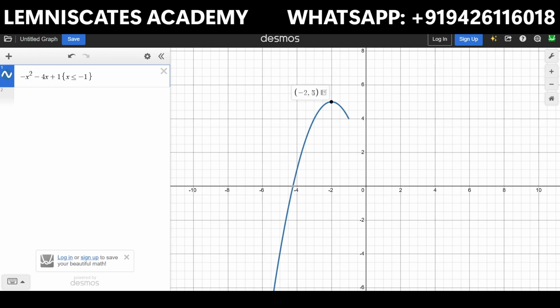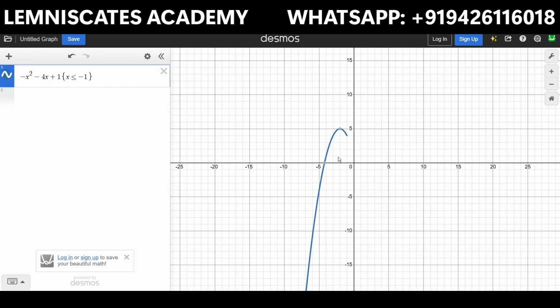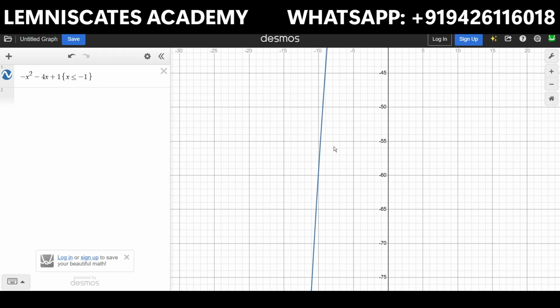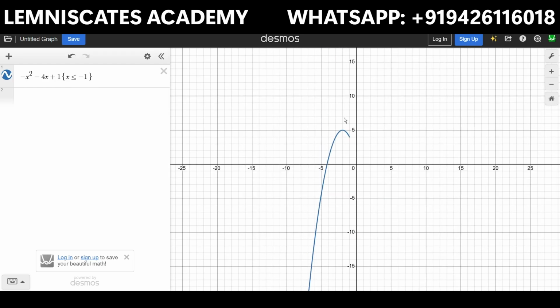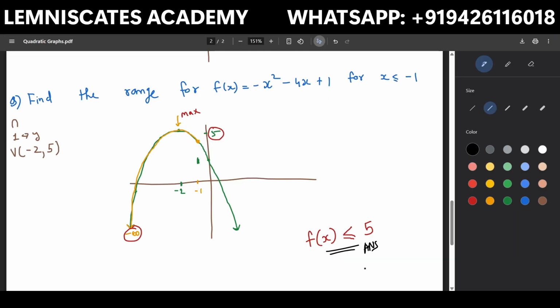So yes, as we see, 5 is the maximum value of the graph in terms of output, and the minimum value, it can keep on going down forever. So your outputs can be anything between 5 to negative infinity, and the way that we write this is in this format, as we have discussed in the second video of our playlist. So I hope even this is clear to you.